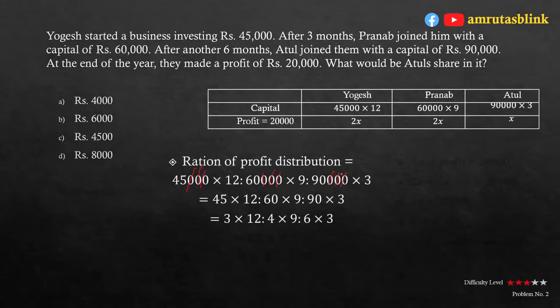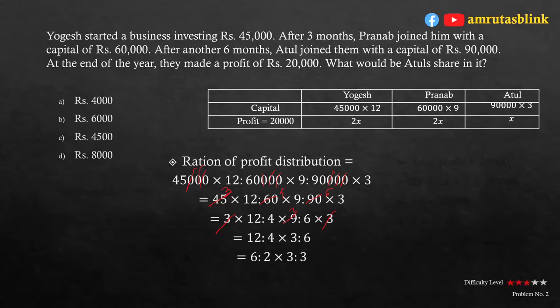Now, if we divide this by 15, then we have 15 3s are 45, 15 4s are 60 and 15 6s are 90. So, we have 3 into 12 as to 4 into 9 as to 6 into 3. Now, again if we divide the complete expression by 3, then this 3 is cancelled and this 3 is also cancelled. So, what's remaining is 12 as to 4 into 3 as to 6.